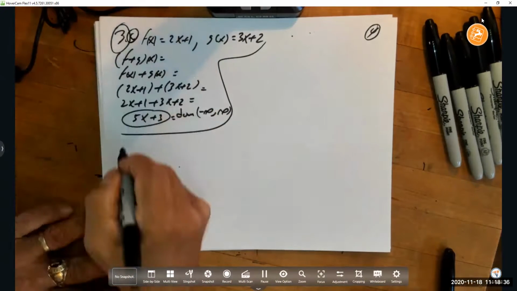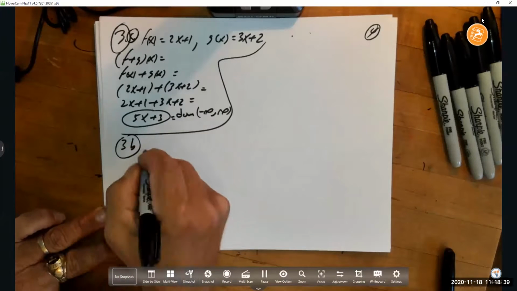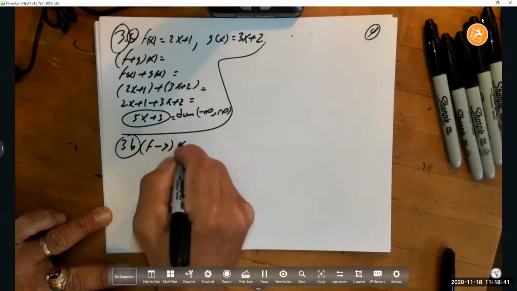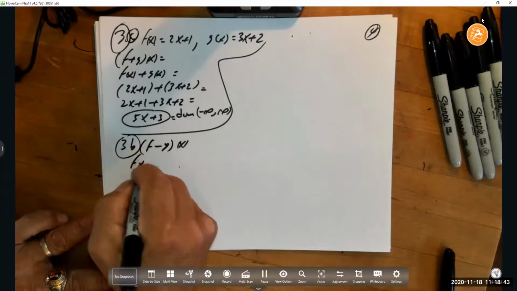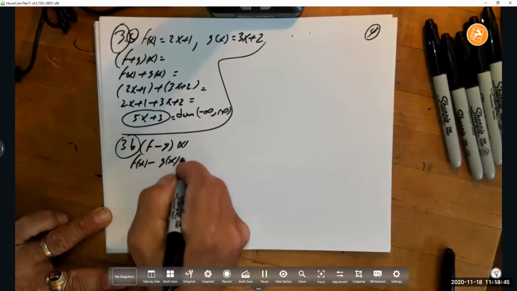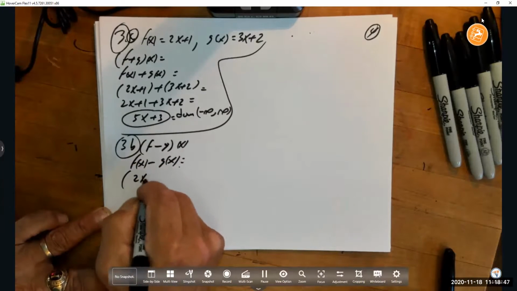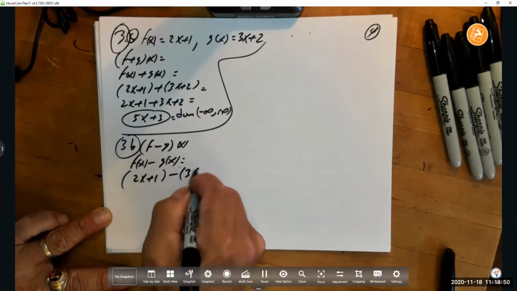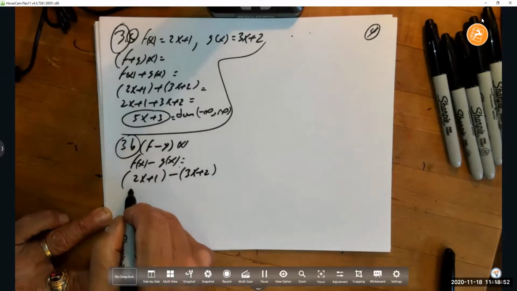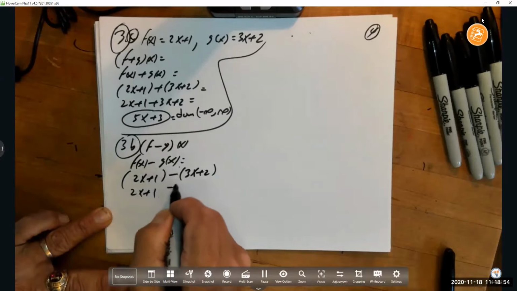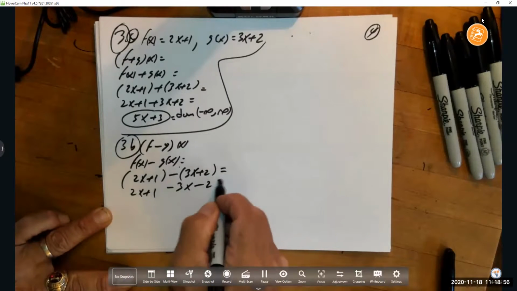Of course, there's going to be 3b. f minus g of x. f of x minus g of x is going to be 2x plus 1 minus 3x plus 2. So 2x plus 1 minus 3x minus 2.